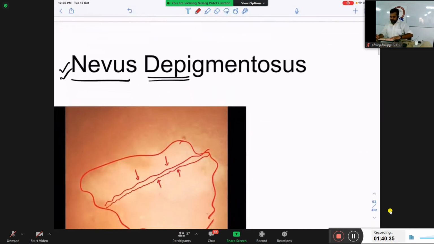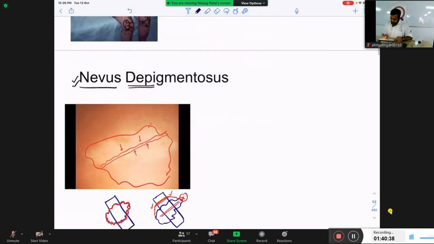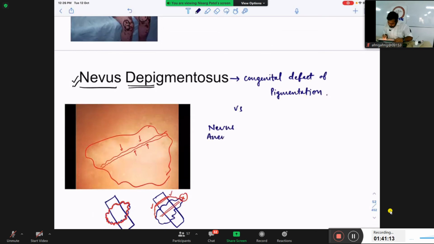Okay, so write down: nevus depigmentosus is a congenital defect of pigmentation, versus nevus anemicus, which is a blood vessel defect.